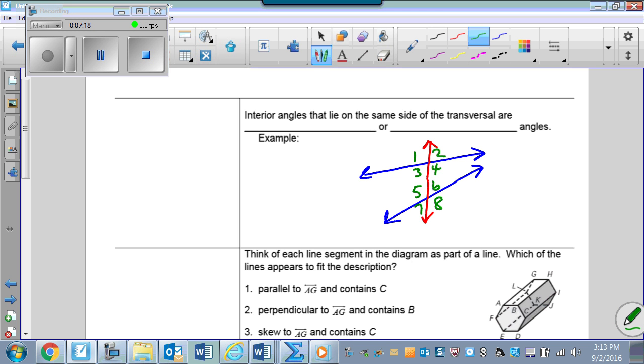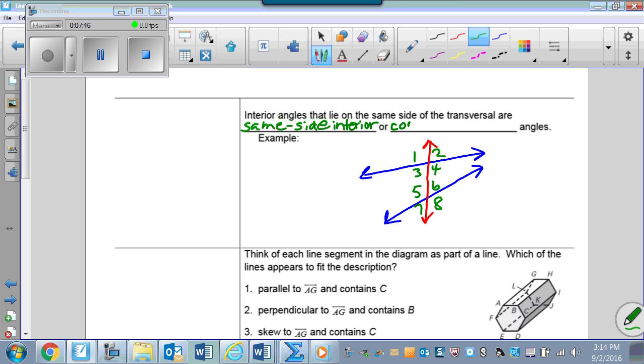So interior angles. So once we say interior, we know that restricts us to either angle 3, 4, 5, or 6 that lie on the same side of the transversal. Same side of the transversal. So those are called, strangely enough, same side interior. Going to be hard to fit that.